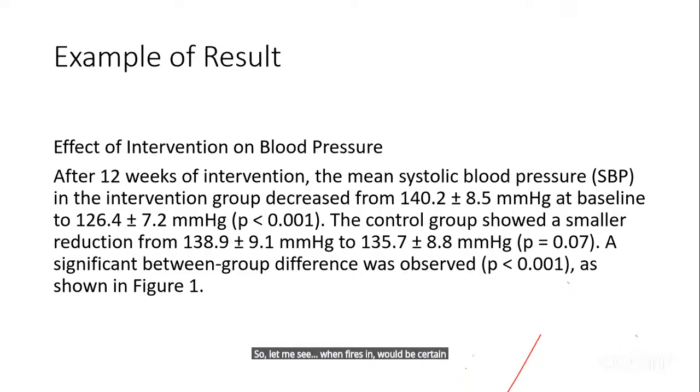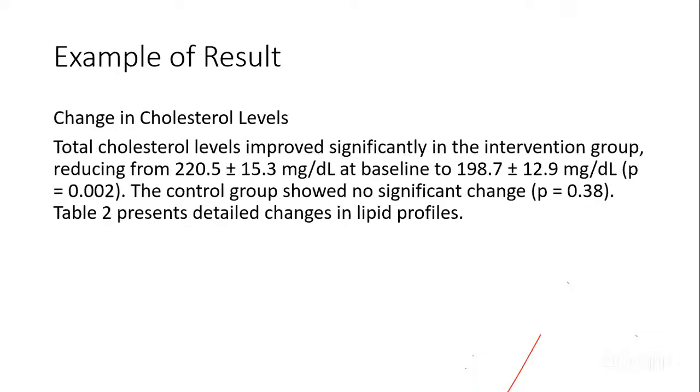Now, this is how to write it if we are saying there is a significant difference in those measurements. Okay. Change in cholesterol level. Total cholesterol level improved significantly in the intervention group, reducing from 220 at baseline to 198.